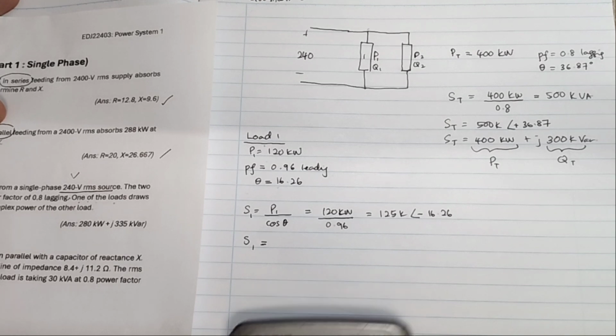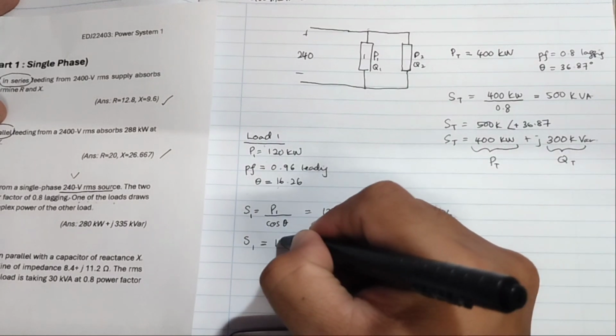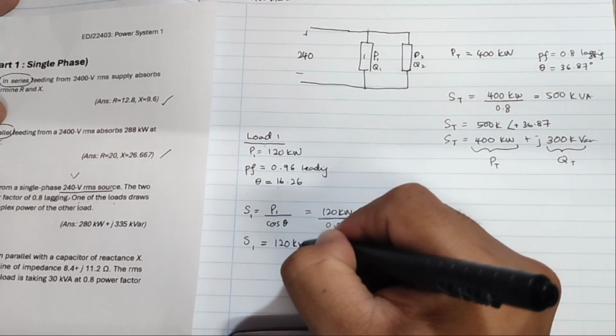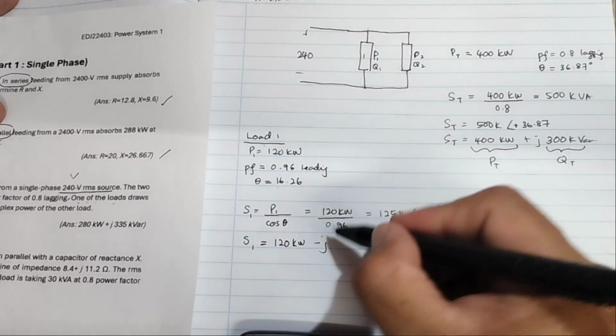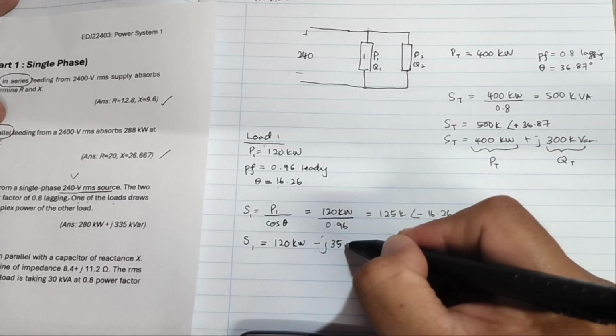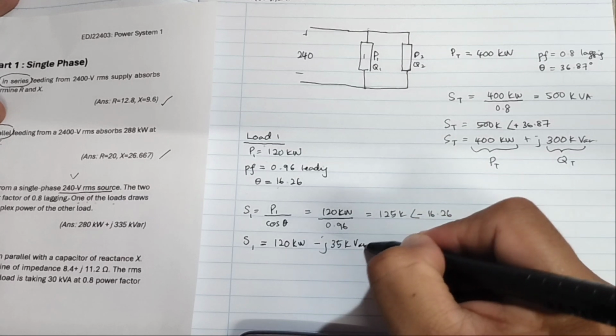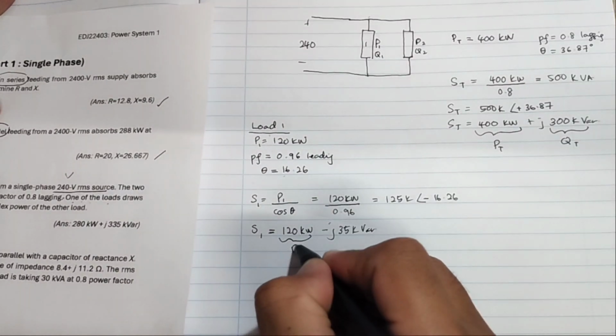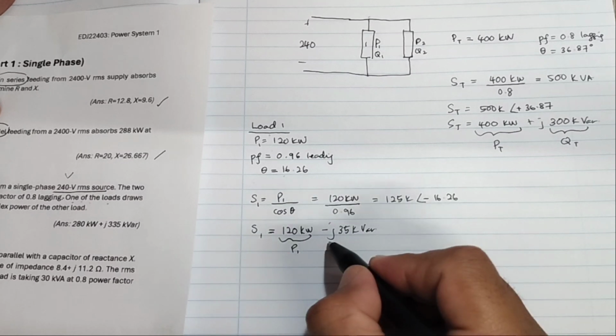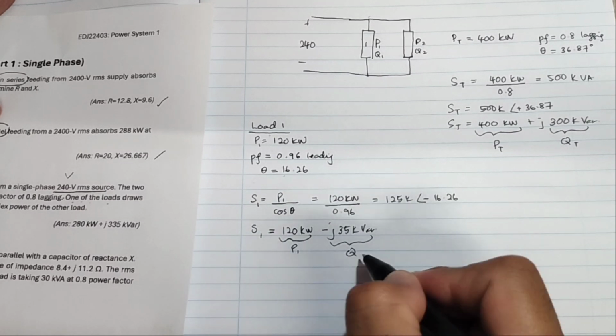Okay, awak dapat 120 kilowatt minus J, ini bunda terus 35 kVAR. Okay, this one P1, S1, P1. Okay, this one Q1.